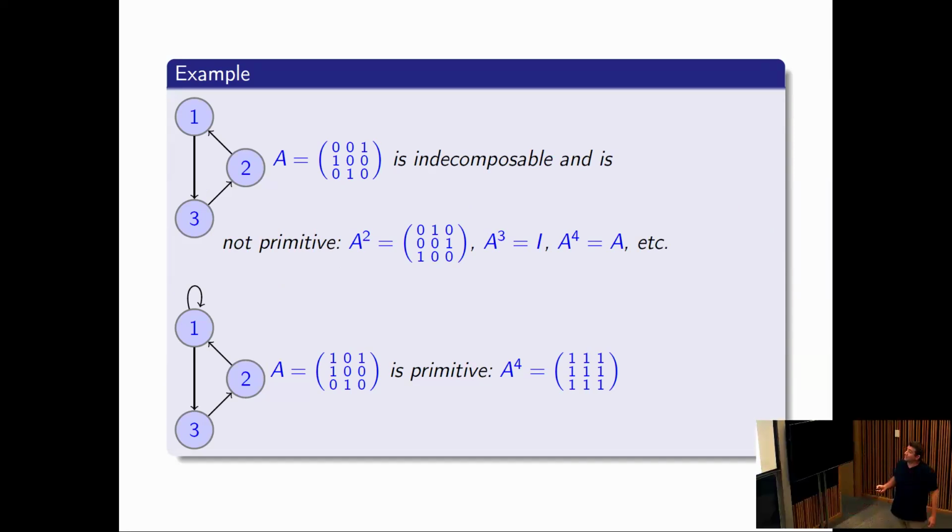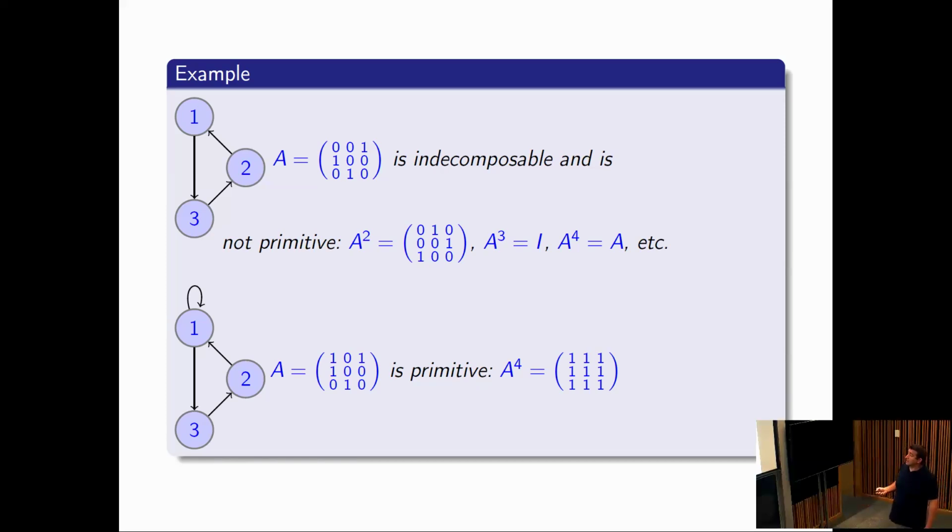So you could look at this matrix, and it could be that your graph is difficult. Sometimes it's just large, and matrices help to see that your graph is not primitive.